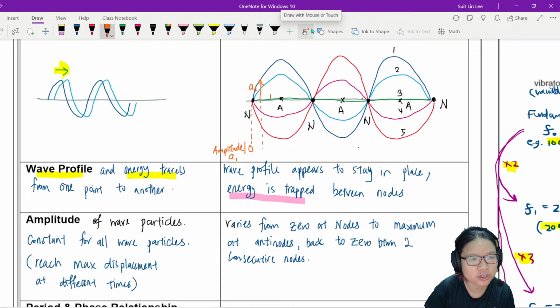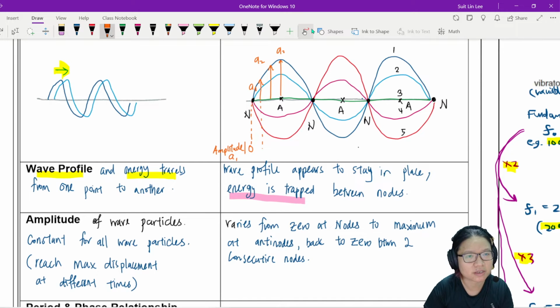But if you reach here, this is your amplitude a2. If you reach here, this is your amplitude a3. Whoops, accidental delete. If you reach here, this is your amplitude a4. So you can see the length of the orange arrow becomes longer and longer from node to antinode, then shorter and shorter from antinode back to node.